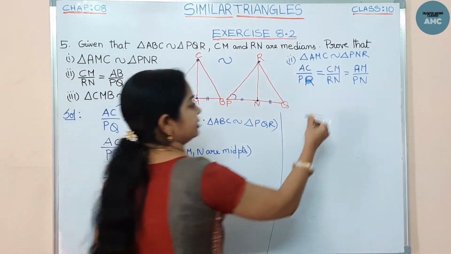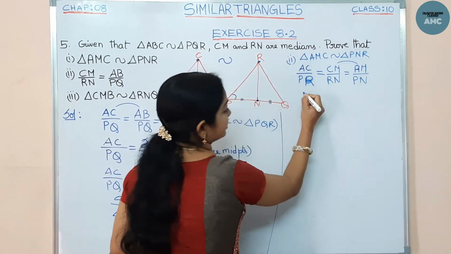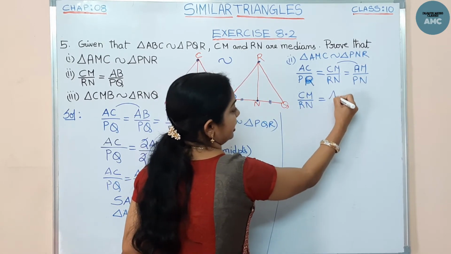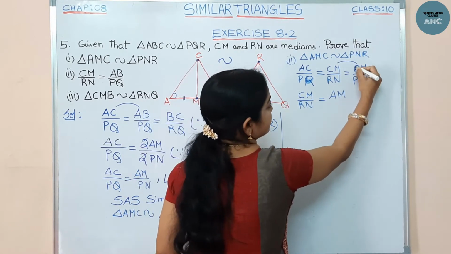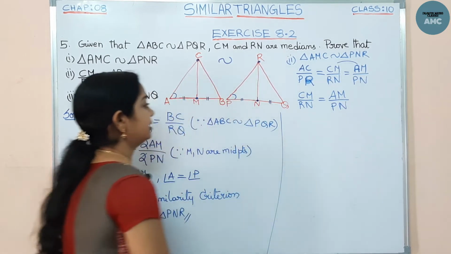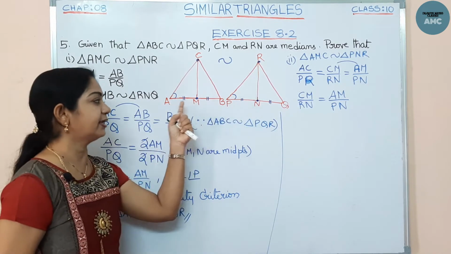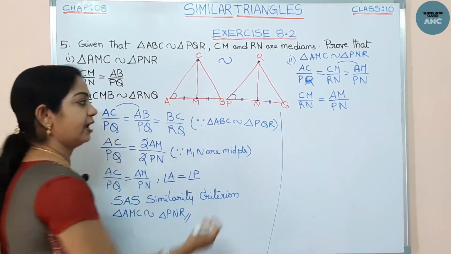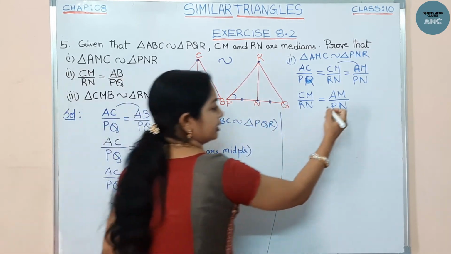Okay, let me take these two first. Here CM by RN equals AM by PN. Now this AM, clearly we know that M and N are the midpoints. So this AM is half of AB and PN is half of PQ. That I'll write here.